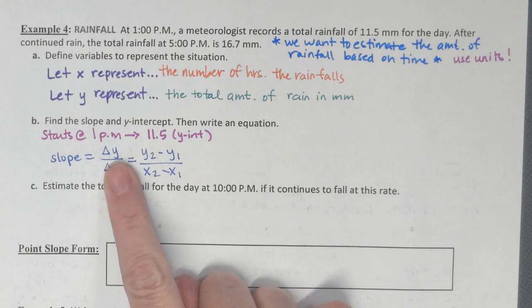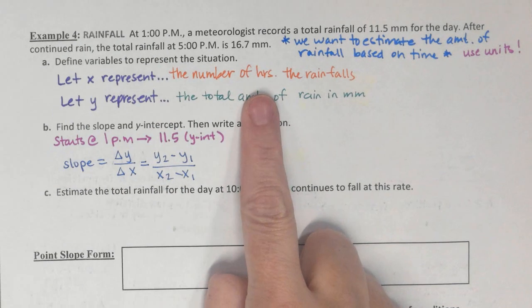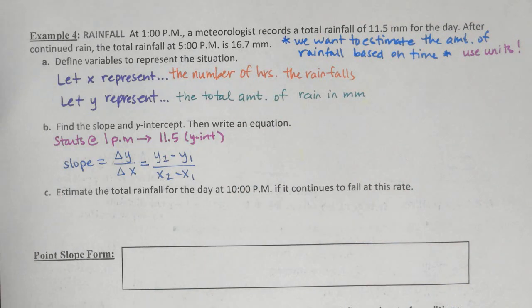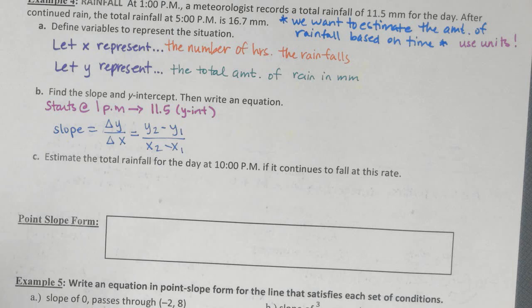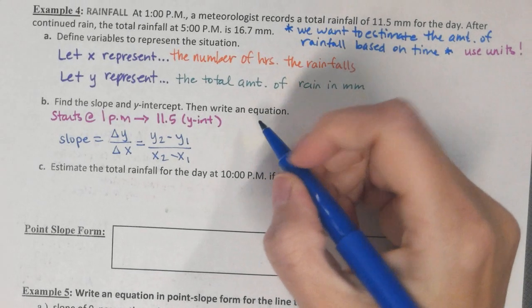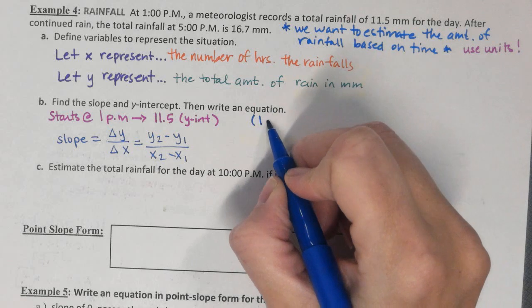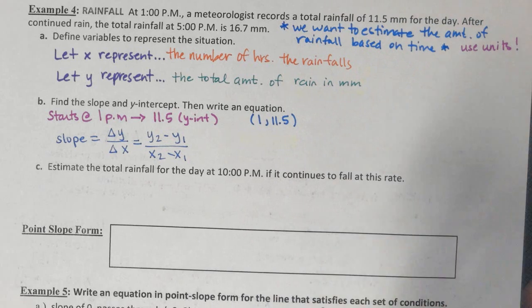Okay, so if we're doing the change in y, let's create a set of points here. Okay, we said that x is the number of hours that you have that rainfall. So in that case, you can use the 1 p.m. and the 11.5.